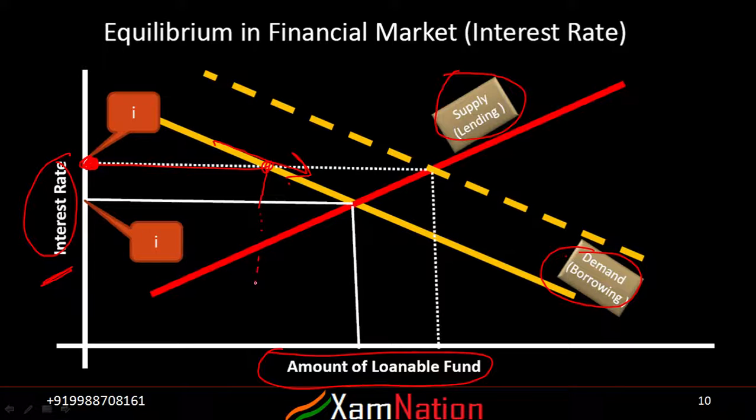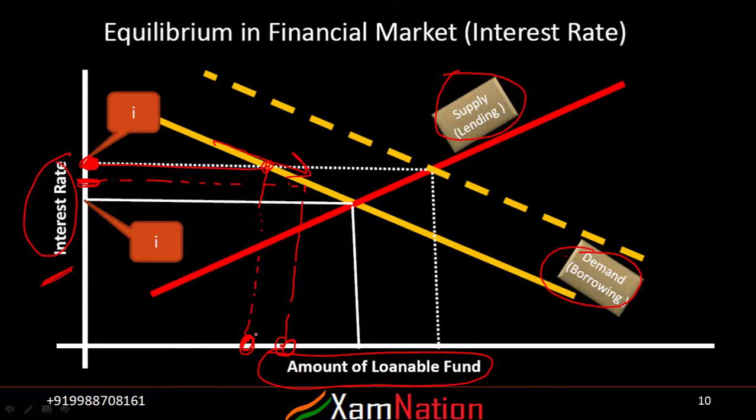Now as the interest rate decreases, demand for the fund is now this much. So this would be the demand for loan, that is, demand for borrowing. As the interest rate goes down, demand for funds would increase. This is exactly what happens in the case of borrowing.